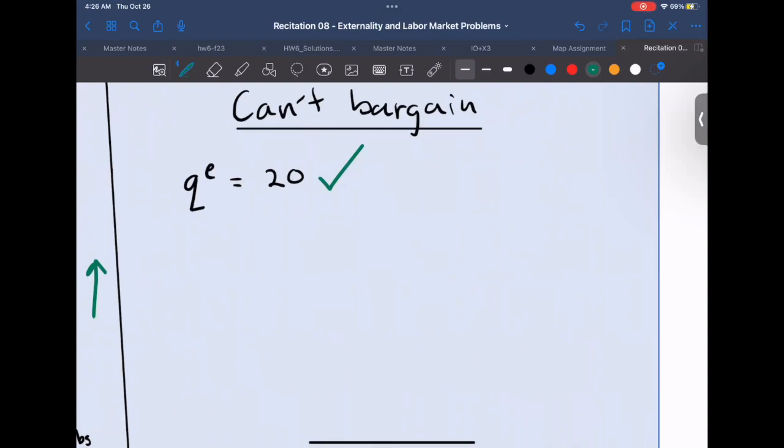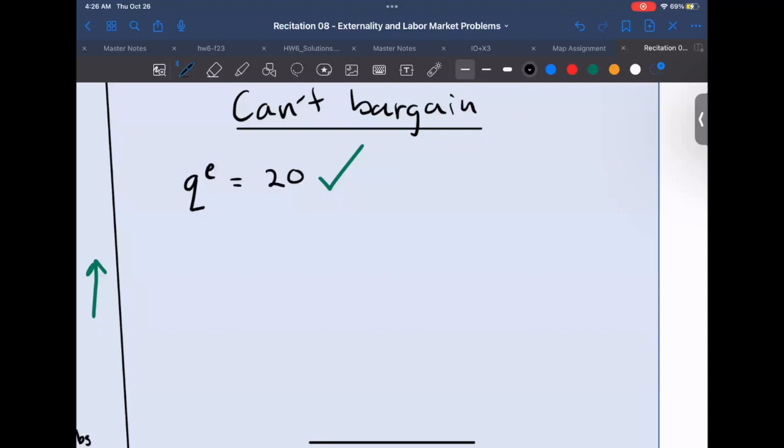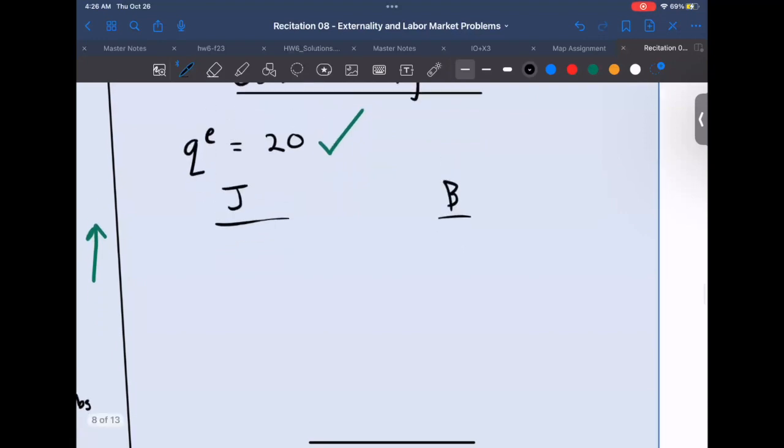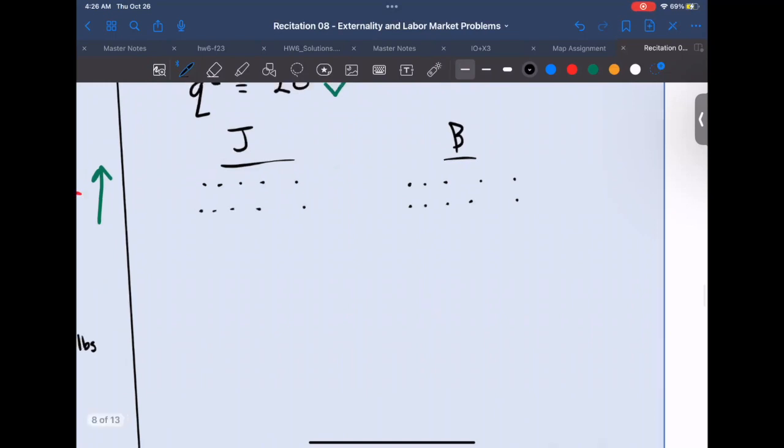We're going to be in a situation where both Jerry and Ben have 1, 2, 3, 4, 5, 1, 2, 3, 4, 5, where each one of them has 10 permits.